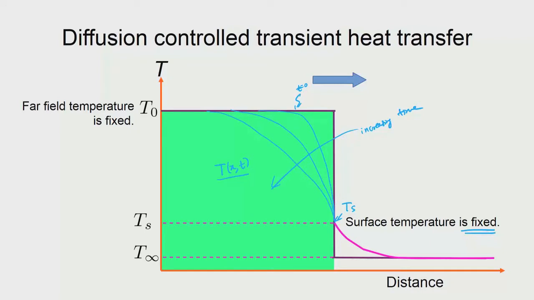This is important because it allows us to make some approximations and look at the solutions. We are looking at a regime where the interior temperature has not dropped below T 0 yet. That is also fixed, and the surface temperature has stabilized at the T s value. The temperature variation happens between these two pegged values, and these curves that we have drawn are what we are interested in as a function of x and t.